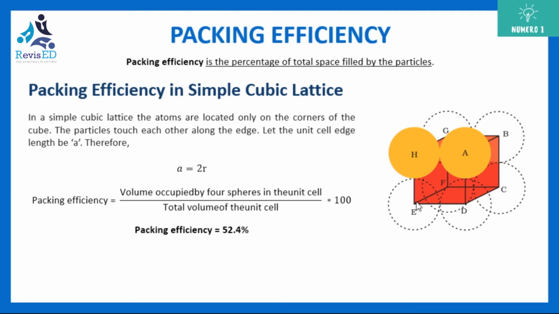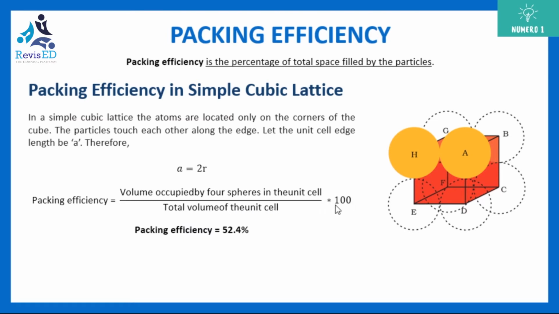The reason is, from E to this point is radius r, and from the middle point to this is r again. So 2r is equal to your edge length a. Again, use the same formula: packing efficiency equals volume occupied by, here it should be 1 sphere, not 4, 1 sphere in the unit cell divided by total volume of the unit cell into 100.